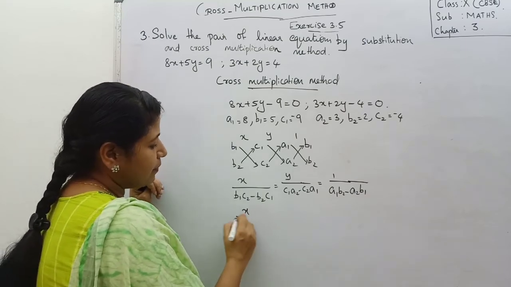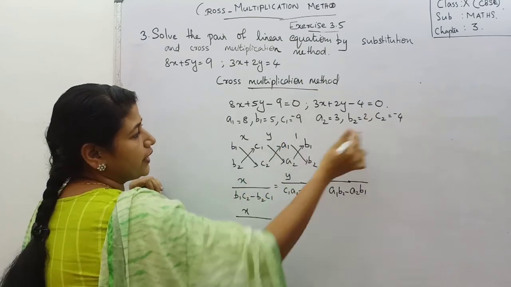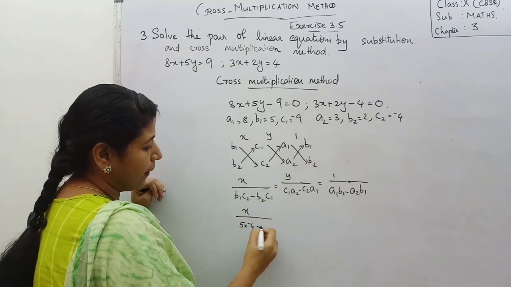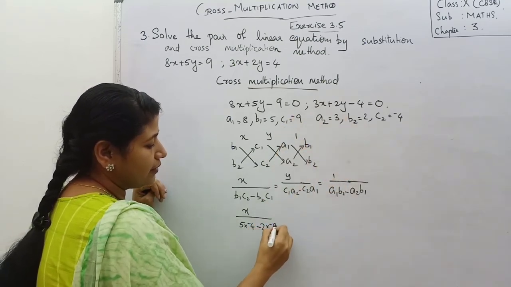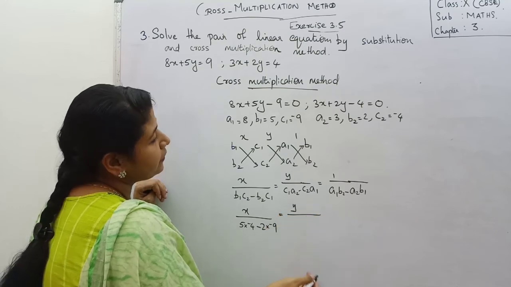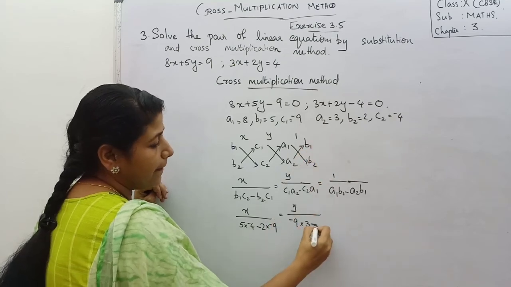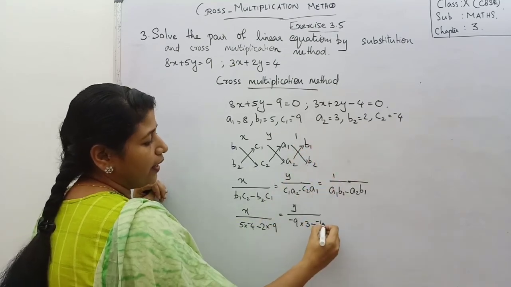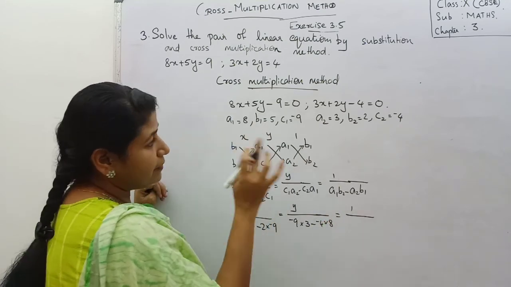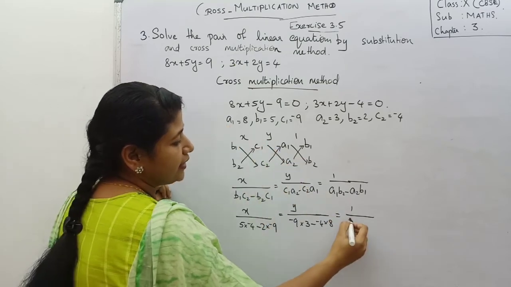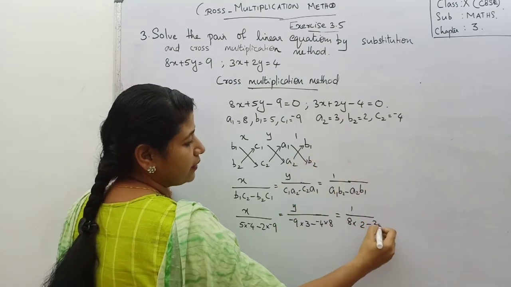So we can write x by b1 is 5, c2 is negative 4, 5 into negative 4, minus b2 is 2, 2 into negative 9, equal to y by c1 is negative 9, negative 9 into a2 is 3, minus c2 is negative 4 and a1 is 8, equal to 1 by a1 b2 minus a2 b1: a1 is 8 into b2 2, minus a2 is 3, b1 is 5.